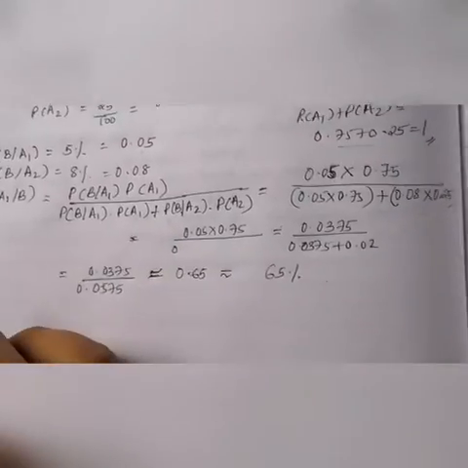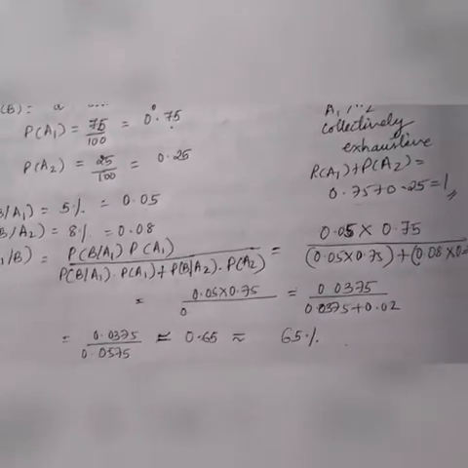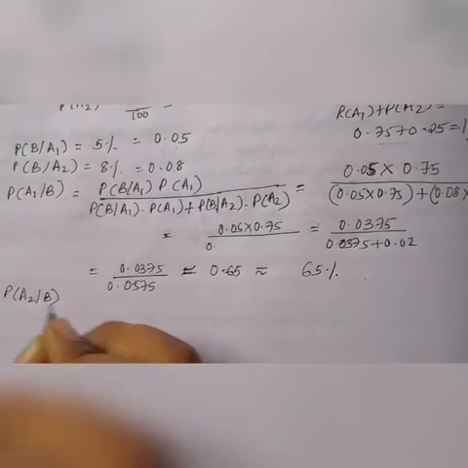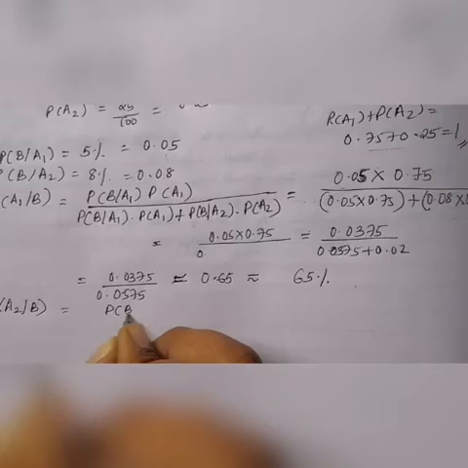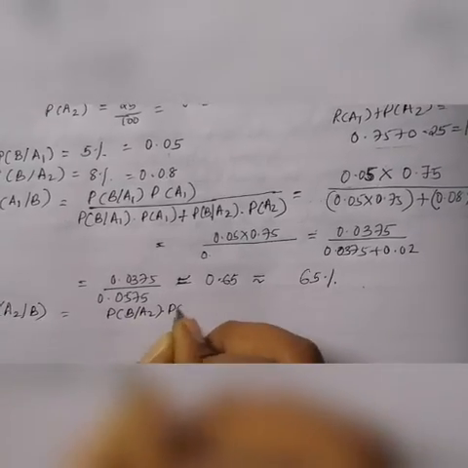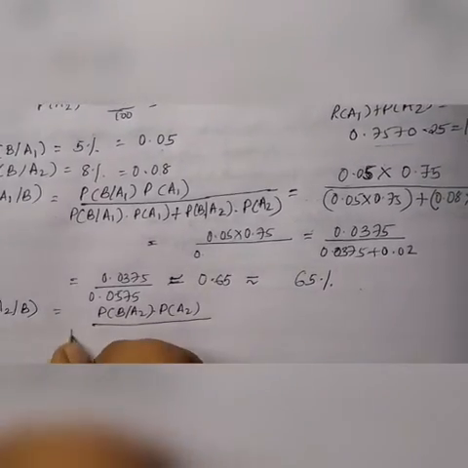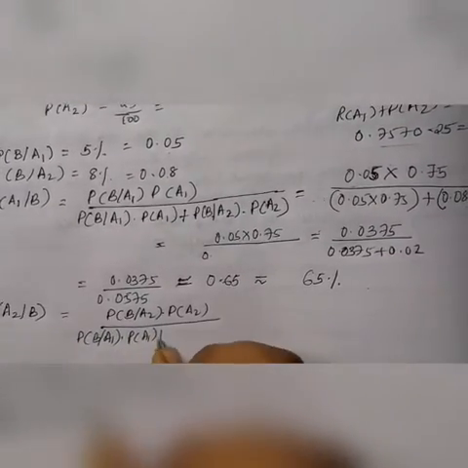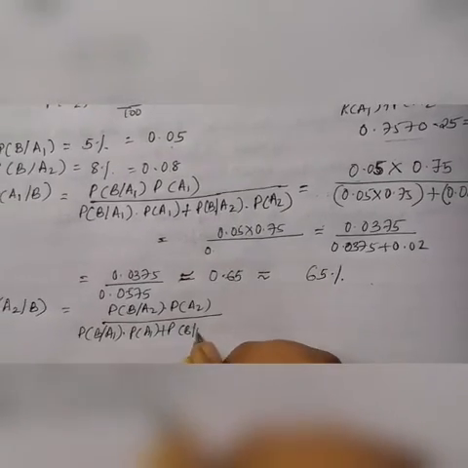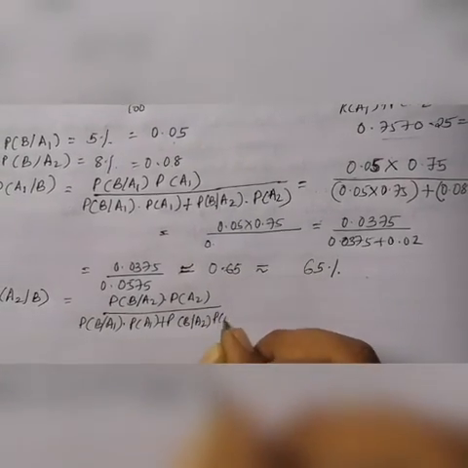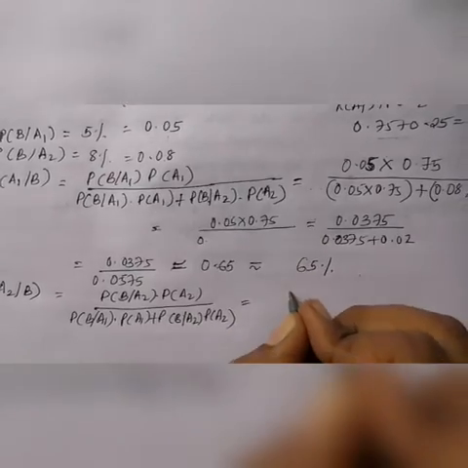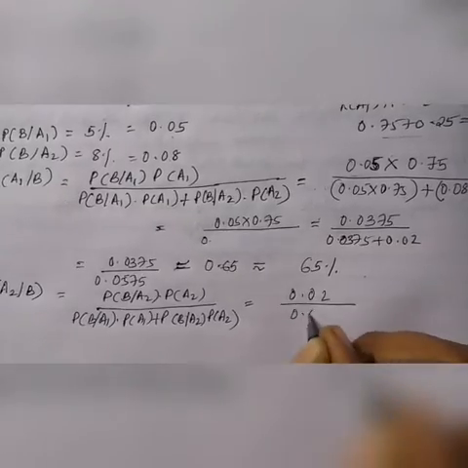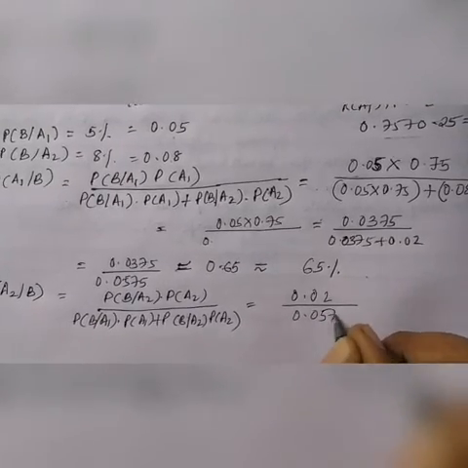Now, this part is not asked in the question, but let me solve this for you. P of A2 given B equals P of B given A2 into P of A2, divided by P of B given A1 into P of A1 plus P of B given A2 into P of A2, which is equal to 0.02 divided by 0.0575.